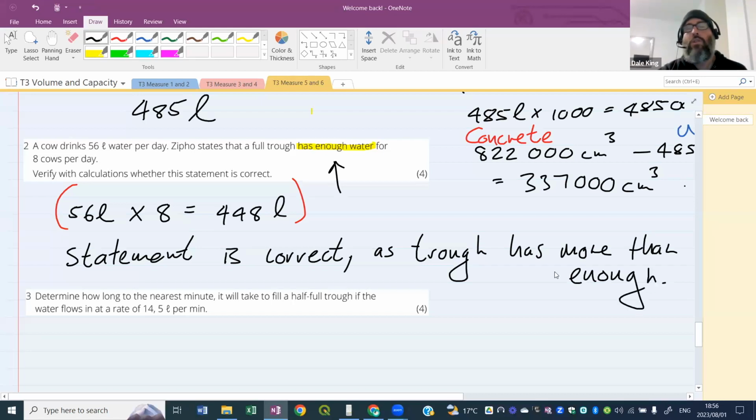The question says that the trough is 485, our 8 cows need 448, so the statement is correct. You will have enough as the trough is more than enough. But you need a calculation to back up your answer. It's not really what you write in the sentence. It's correct or incorrect. Back it up with a calculation. Question 3. How long to fill half a trough if it's 14.5 liters per minute?